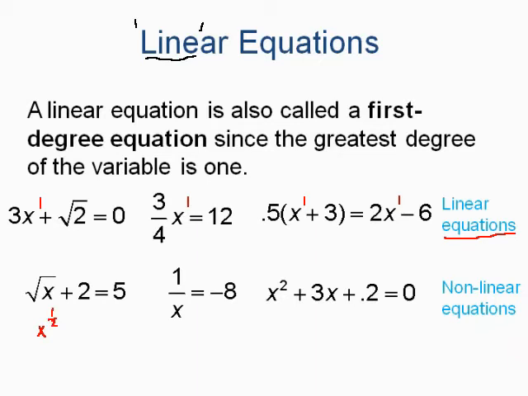It doesn't have an exponent of 1. It's not first degree. The second example, 1 over x, is x to the negative first power. So it's not degree 1. And obviously, this third example, you can see something with an x squared in it is certainly not going to be linear, and they won't be graphs of lines when we get to those later on.